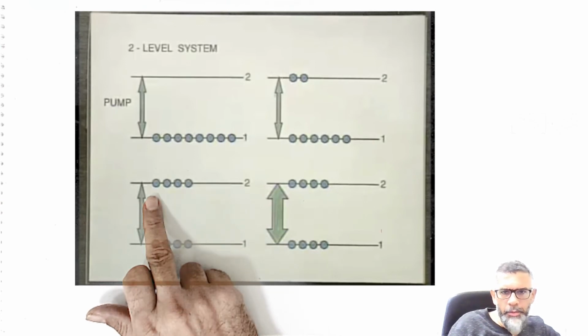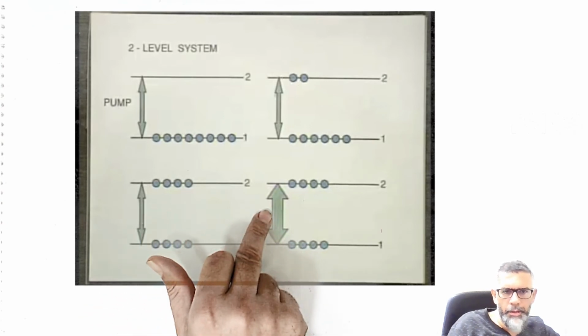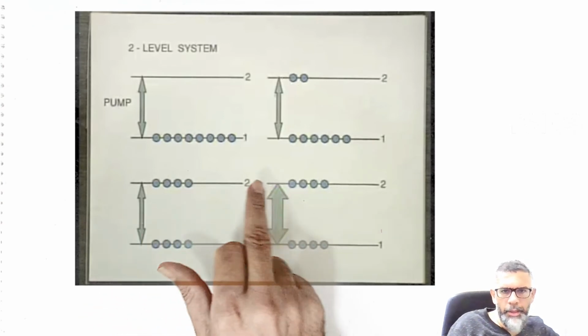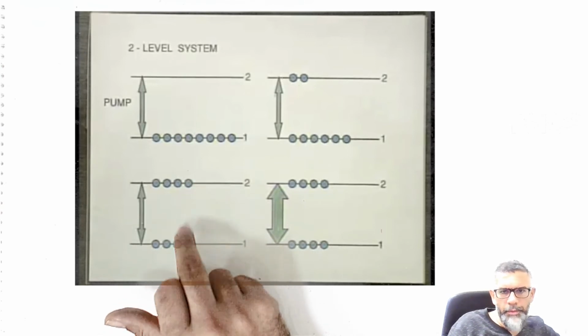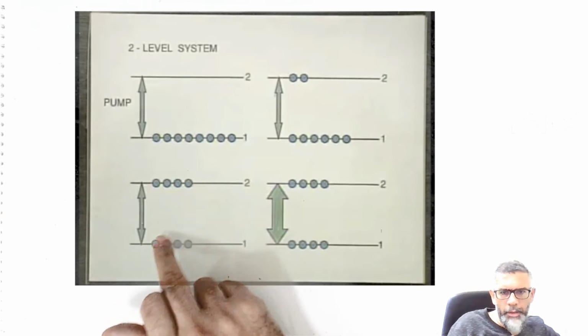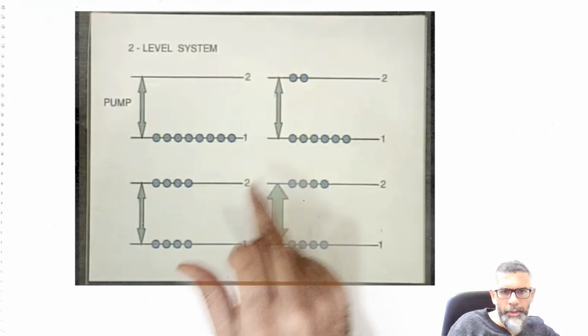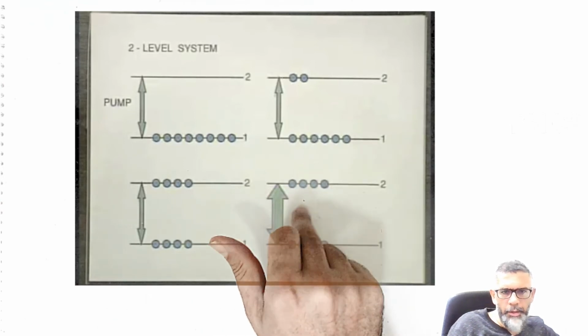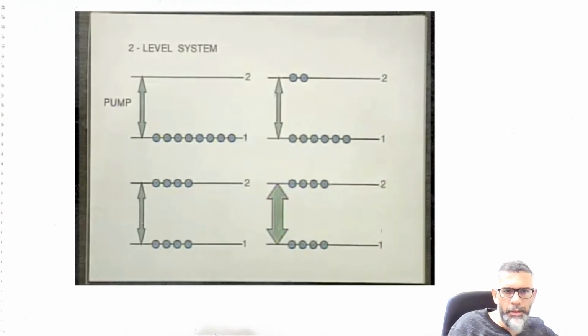From this point on, even if you increase your pump process, this equality will not break. It will stay like this. They will have this equal amount, N1 is equal to N2, but N2 is not going to get larger and larger. There is no such case if you have a two-level system.